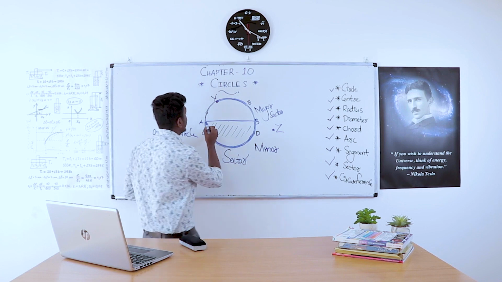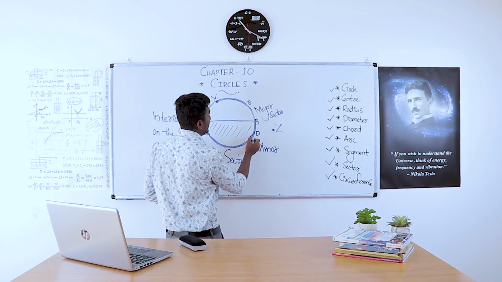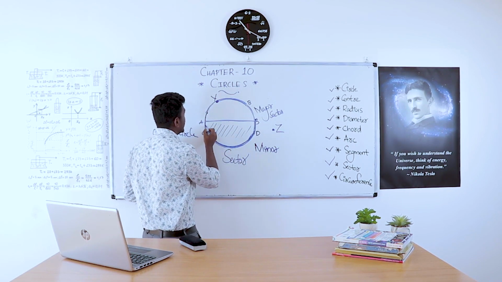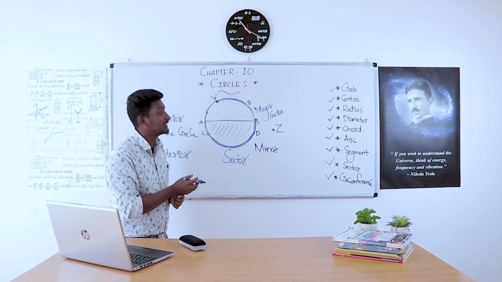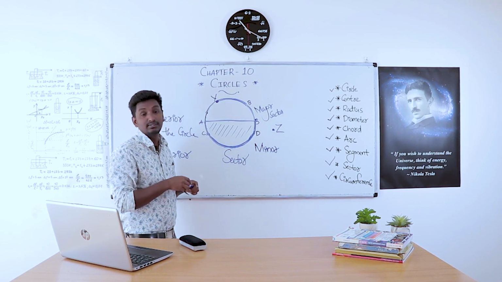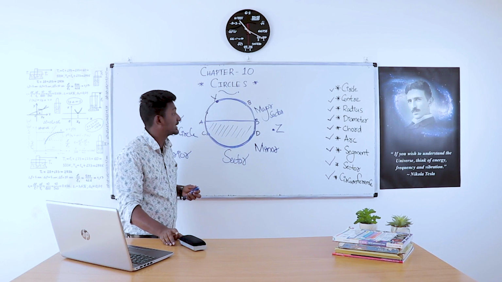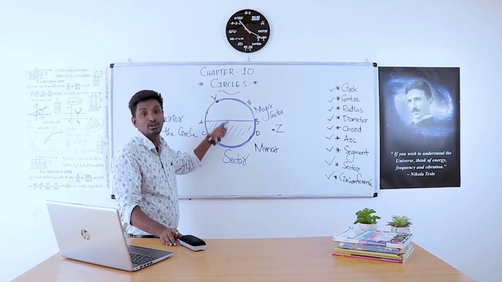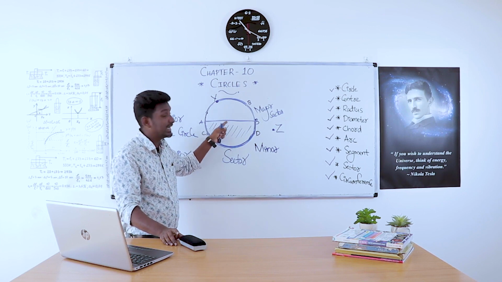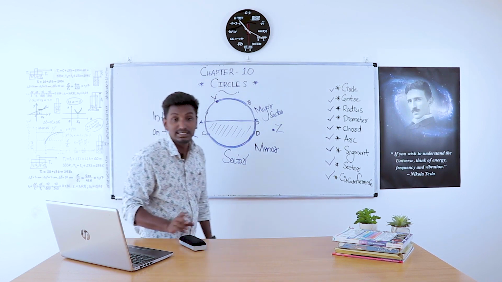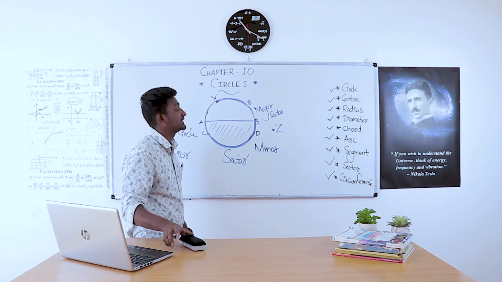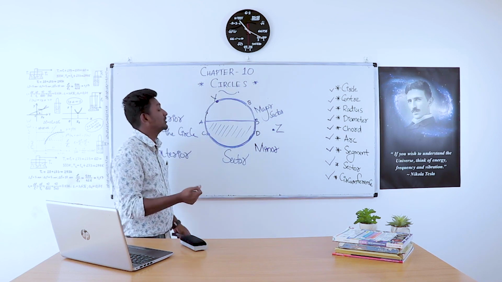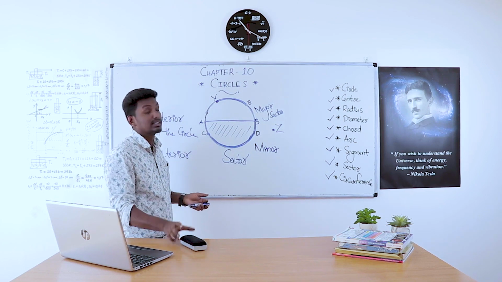That means if the endpoints of a diameter and the arc are joined, we get a region called a semicircle. So when we are considering a diameter, we get two semicircles here. That's all about the important terms.